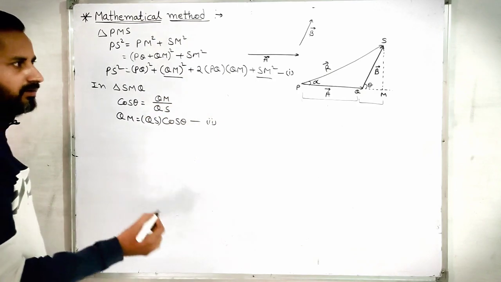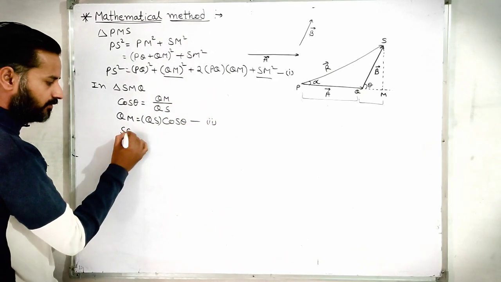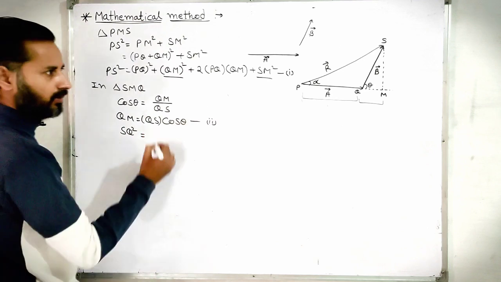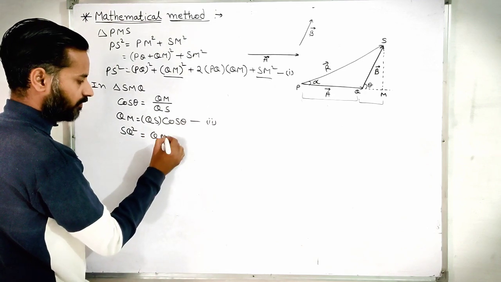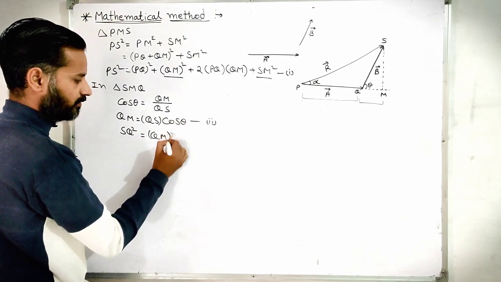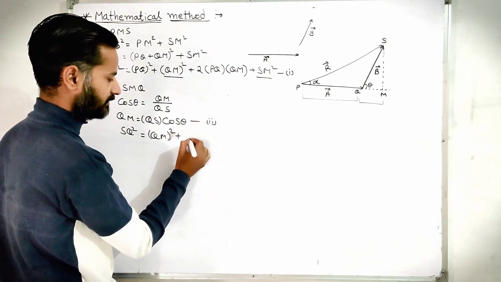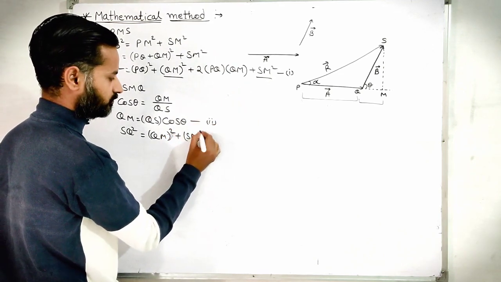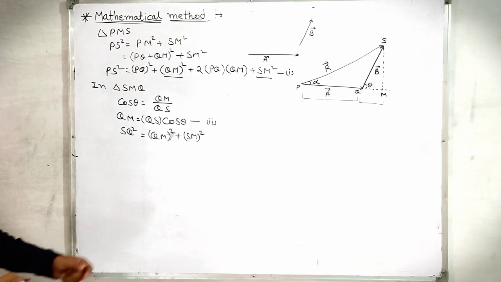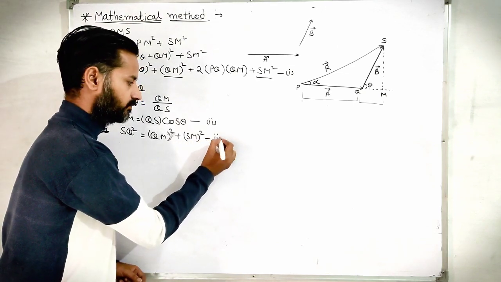And in the same triangle, SQ square equal to QM square plus SM square. So this will be equation 3.